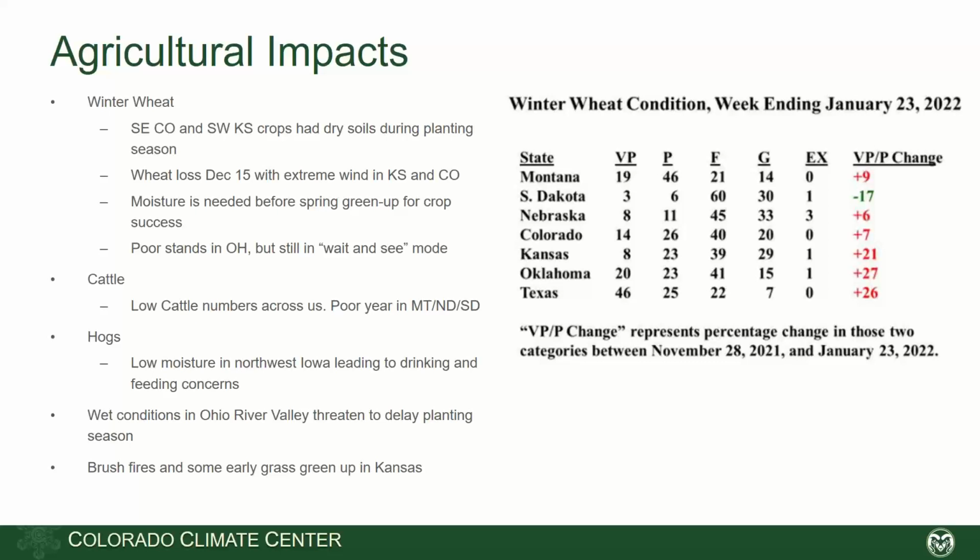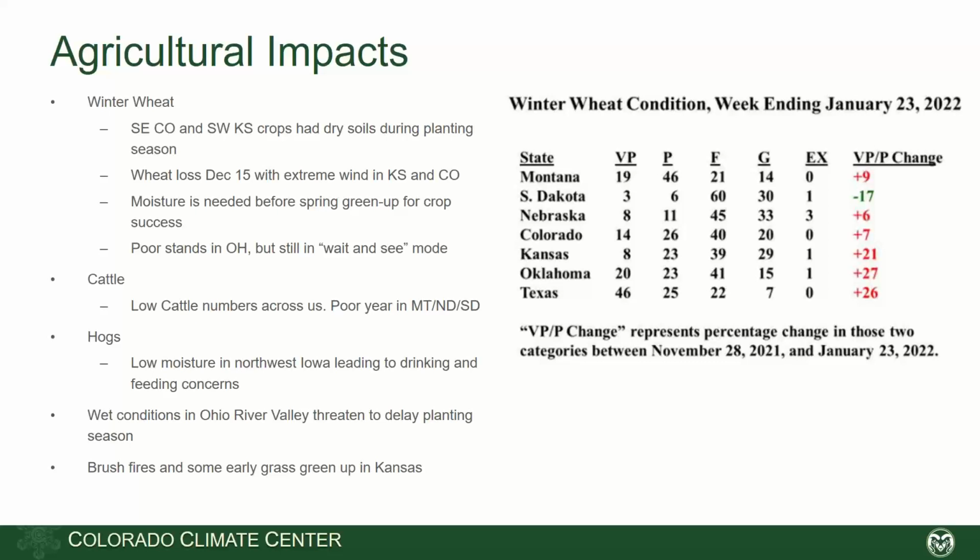that time of year. We also saw some poor stands out on the other side of the region in Ohio, but we're in wait and see mode. Looking further east like that, we also have the concern that the current and ongoing wet weather could lead to some delays in planting once that season starts.